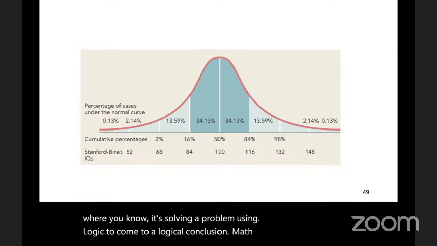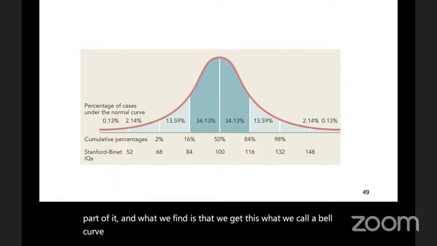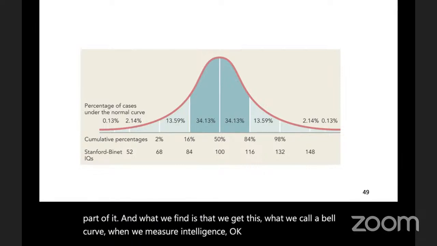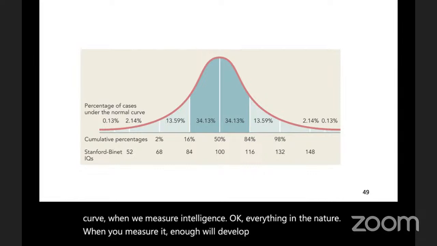Math is part of it, reading is part of it, and what we find is what we call a bell curve when we measure intelligence. Everything in nature, when you measure it enough, will develop a bell curve.